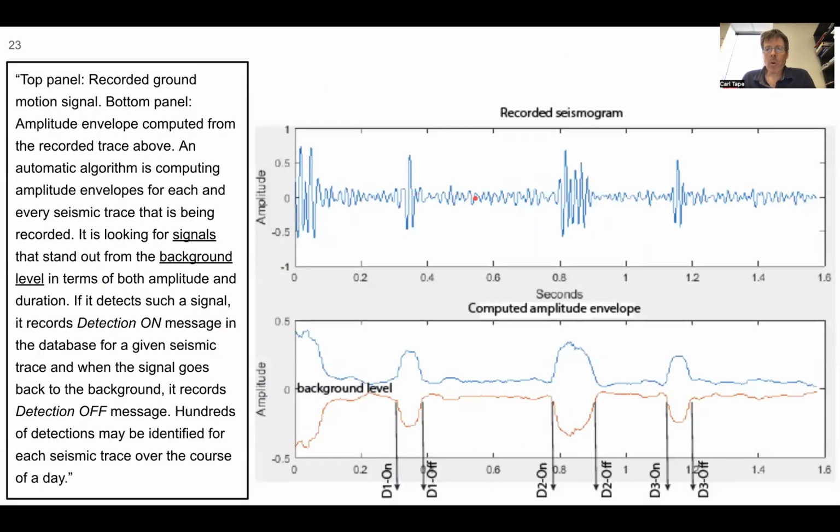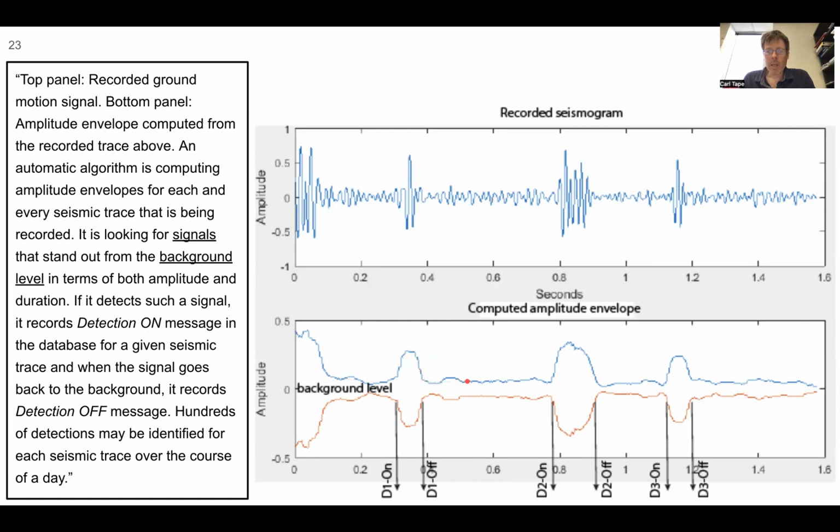This shows a recorded seismogram, and this information can go through data processing. You can look at what's called a short-term average divided by the long-term average of the background amplitude. And so this seismogram gets translated into what's called an envelope.